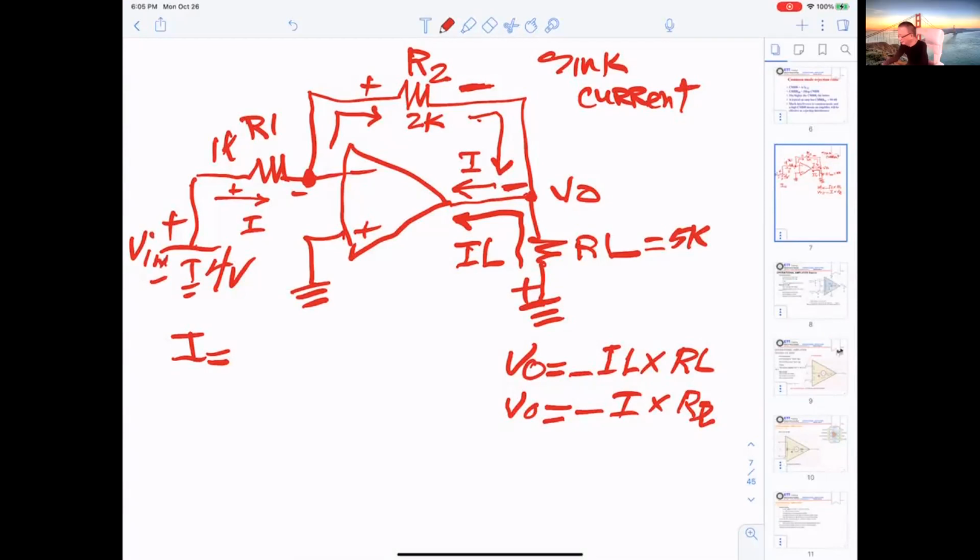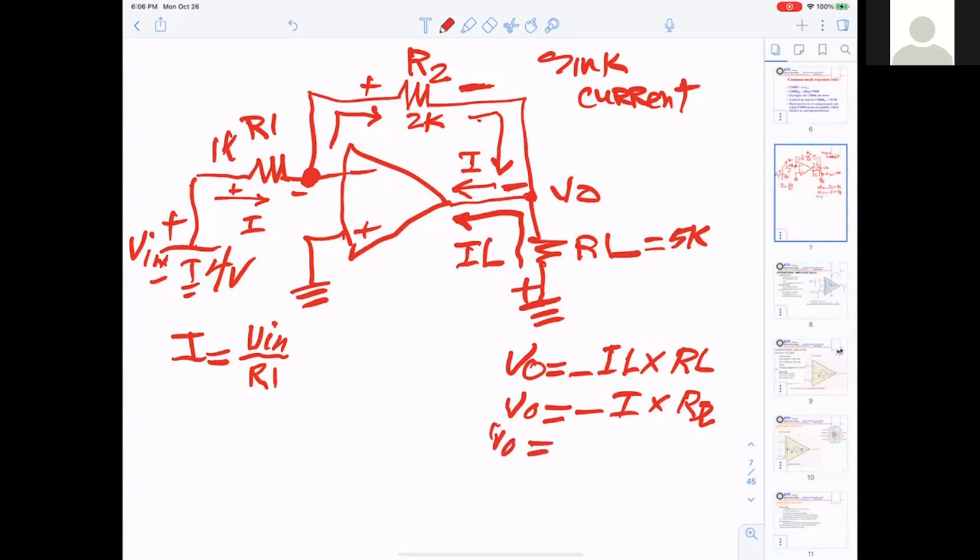What I equal? Just tell me the formula first. V in divided by R1. Yeah. You understand this ground right here, so you get only one source, one resistor. Now you can say V out.